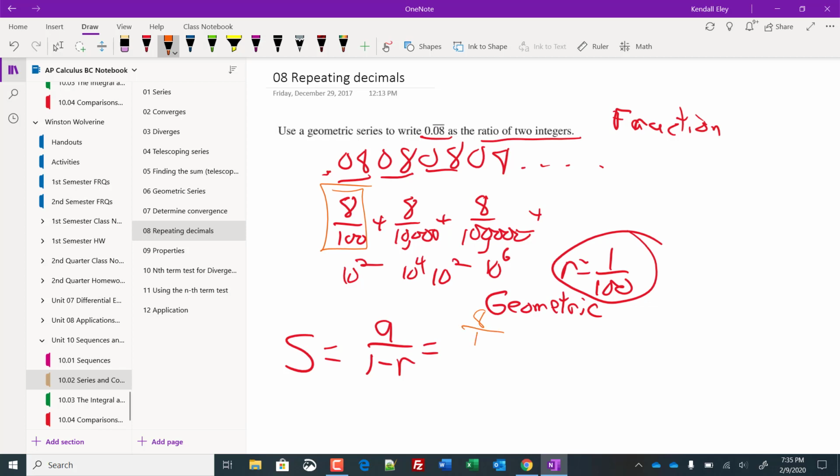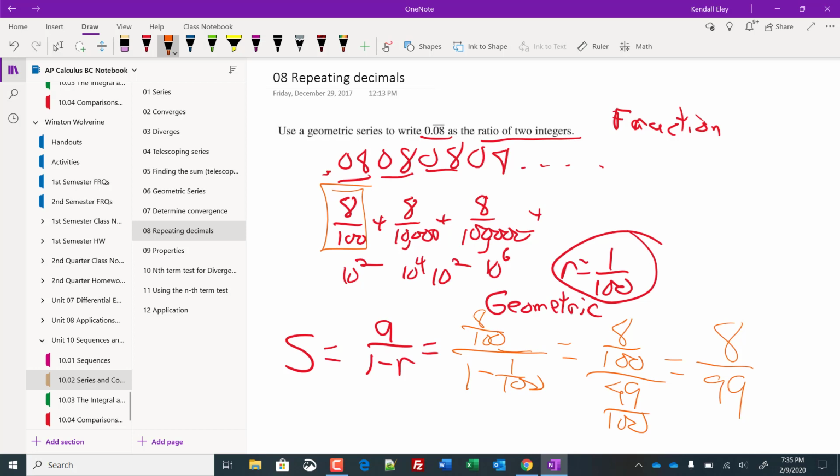So if we write 8 over 100 over 1 minus 1 over 100, if we simplify that, that's 8 over 100 divided by 99 over 100, which becomes 8 over 99. And if you use a calculator, you'll see that 8 over 99 does become the repeating decimal, 0.0808. So that's just an example of how it could be used.